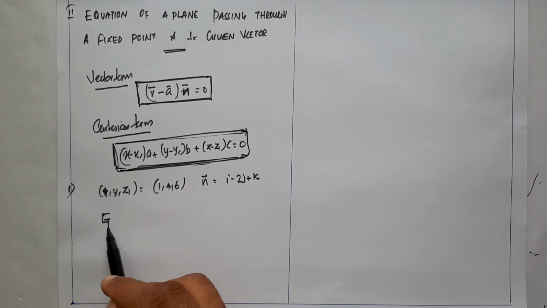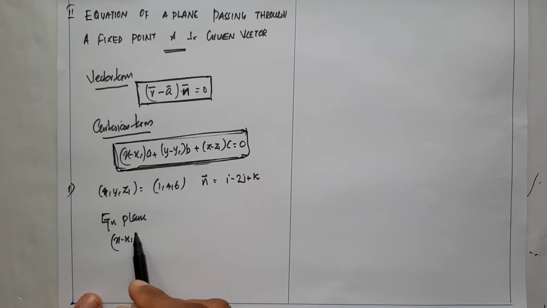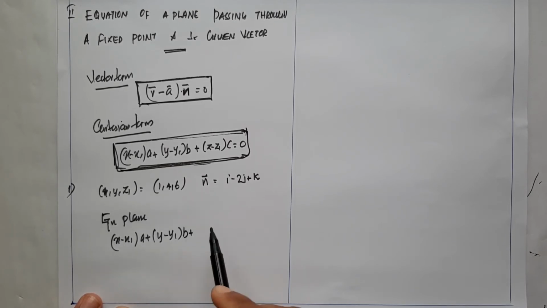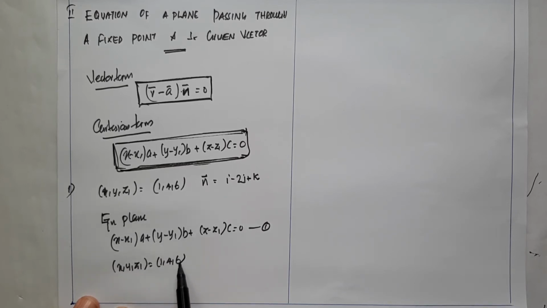You know the equation of the plane is x minus x1 into a plus y minus y1 into b plus z minus z1 into c is equal to 0. Here x1, y1, z1 is equal to 1, 4, 6 and the normal vector is represented by a, b, c. Here direction ratios a, b, c are 1, minus 2, 1.